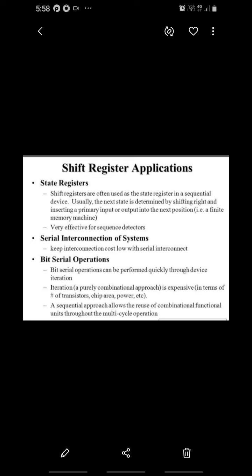Similarly, the processing of data is much faster when all the data bits are available simultaneously. Next application, parallel to serial converter. Data in parallel form can be converted into serial form by using a parallel in, serial out shift register.